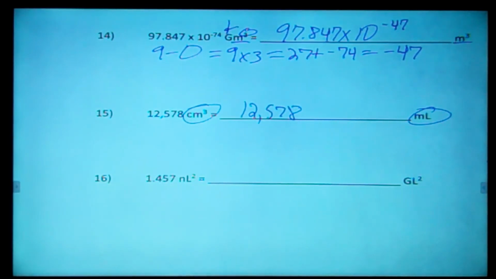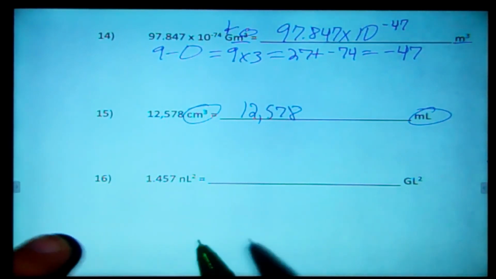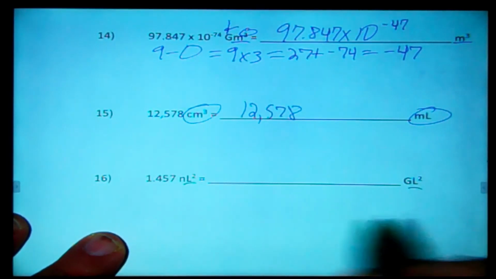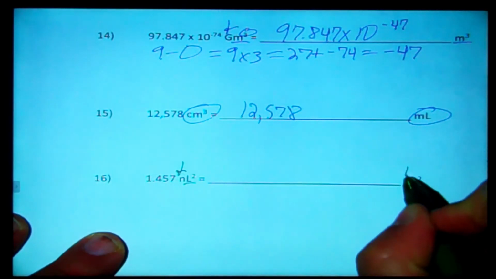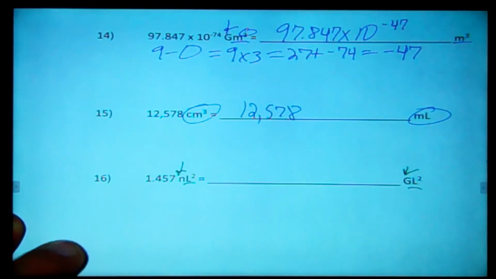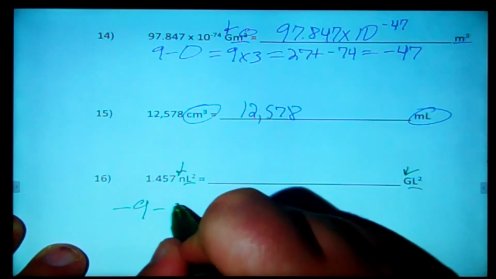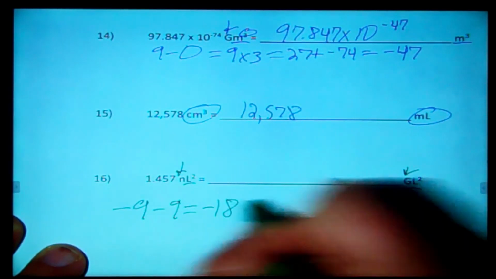And the last one. 1.457 nanoliters squared equals how many gigaliters squared? So liters and liters are the same. Nano and gigas, what I'm trying to find the difference in. Nano is 10 to the negative 9 minus giga, which is 10 to the 9, which will give me negative 18.